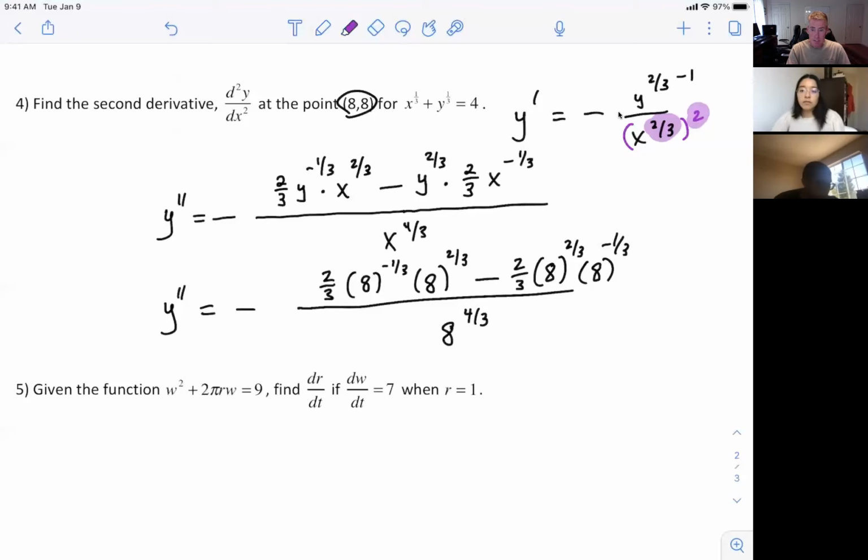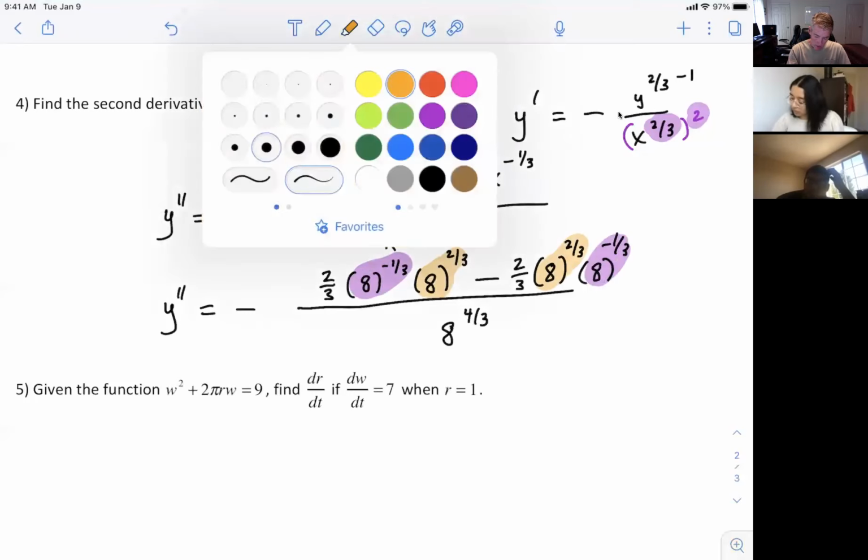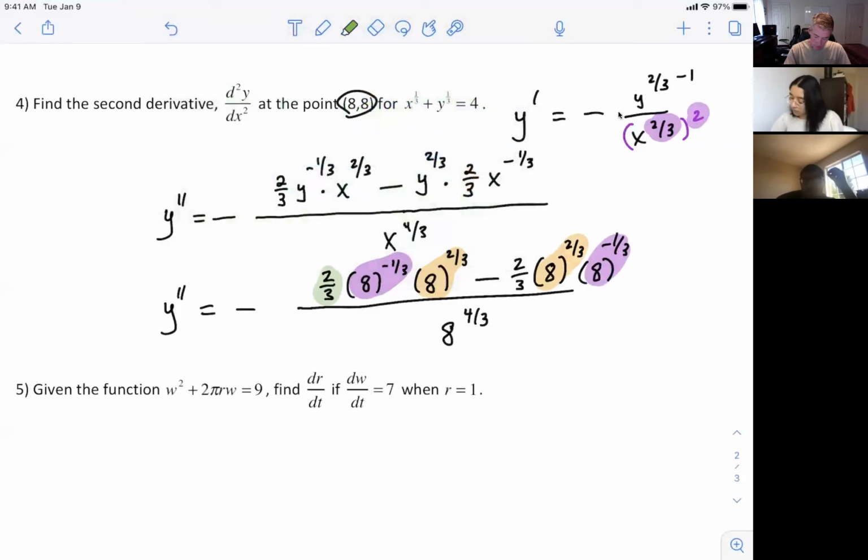And I'm pretty sure that the answer is 0, because this one has an 8 raised to a negative 1/3, and this one also. This one has an 8 to a 2/3, and then so does this one. And this one has the 2/3, and this one has the 2/3.